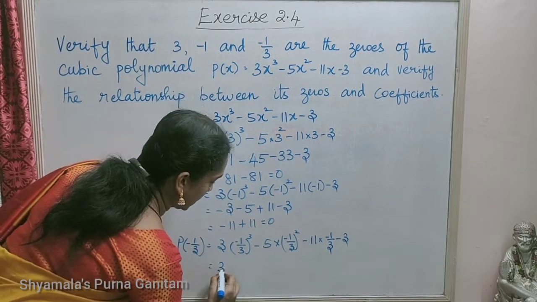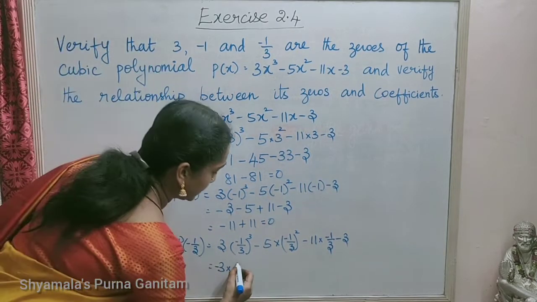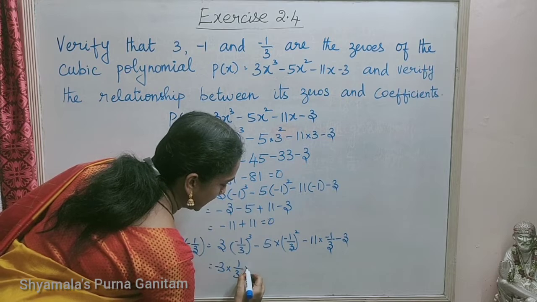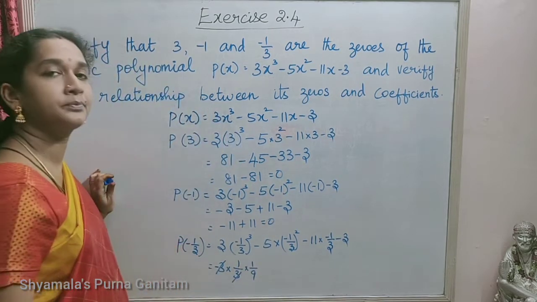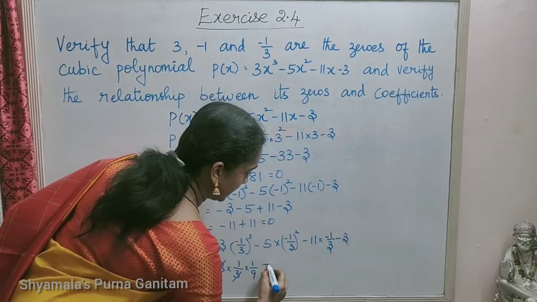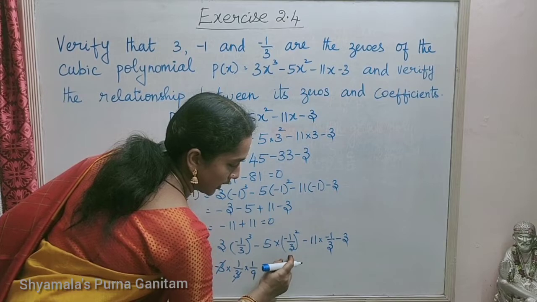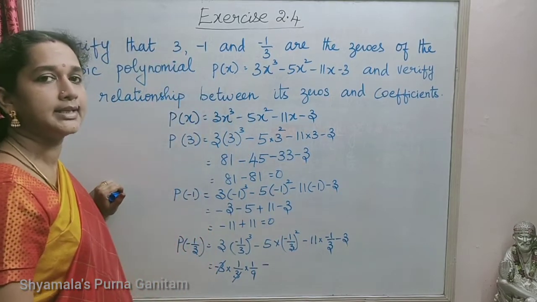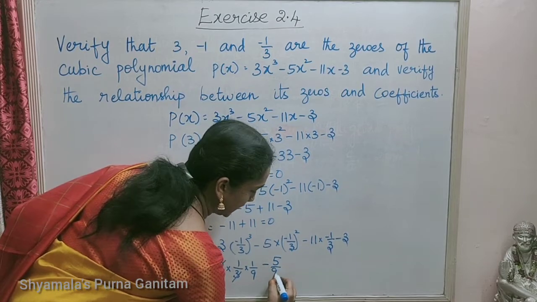So this is 3 into, since odd power is there, minus, you will get 1 by 3 into 1 by 9. So this 3 and 3 will get cancelled. Okay, then minus 1 by 3 the whole squared, so it is 1 by 9. So minus 5 by 9.